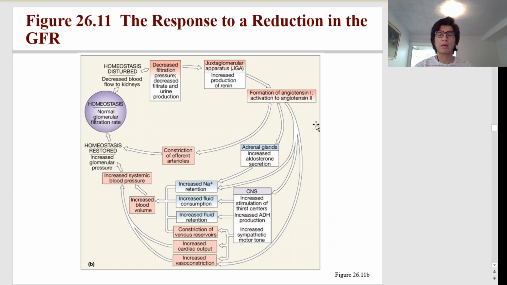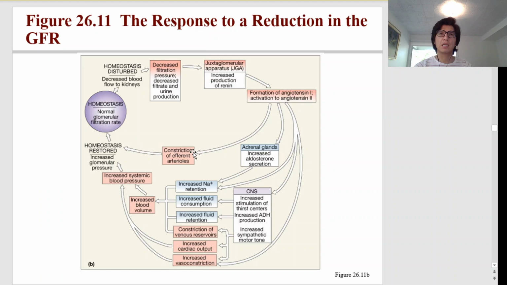This is a more detailed view of this process. Renin is produced, angiotensin 1 is activated, and that eventually gets activated into angiotensin 2. Angiotensin 2 leads to constriction of efferent arterioles.